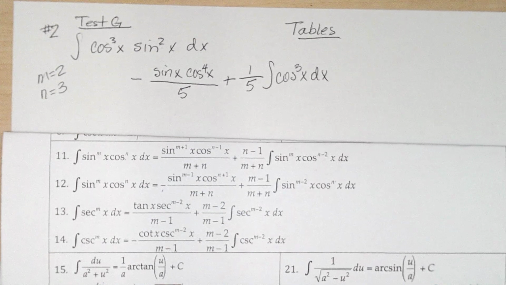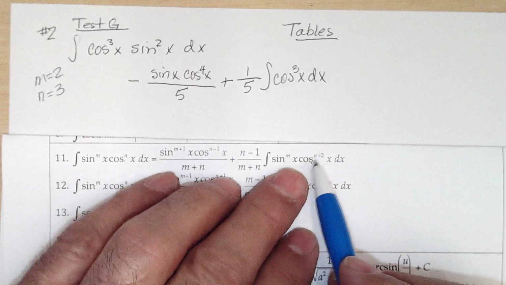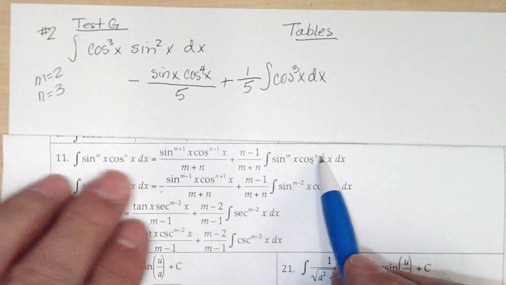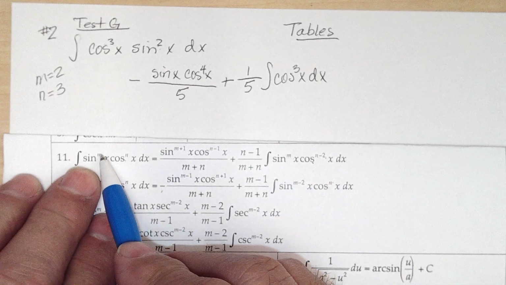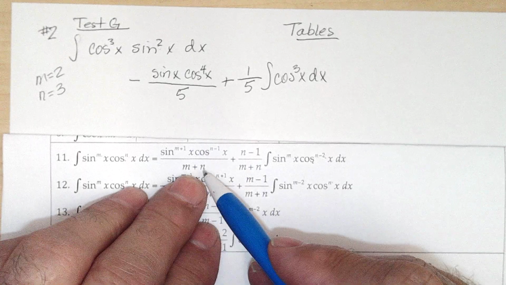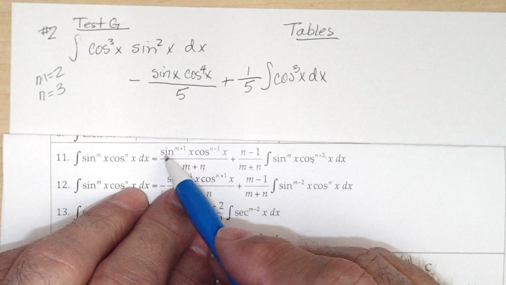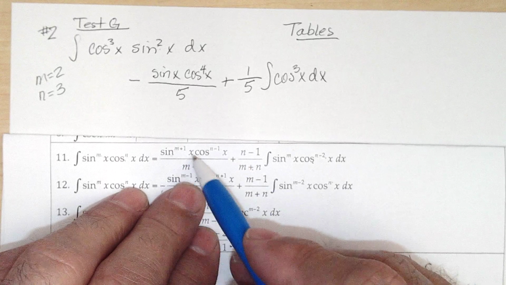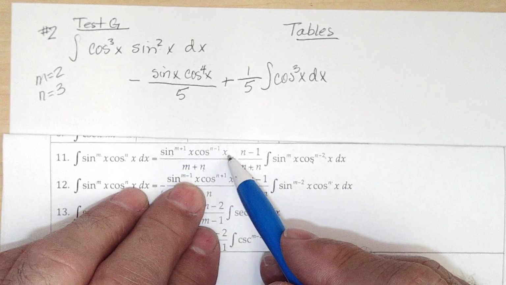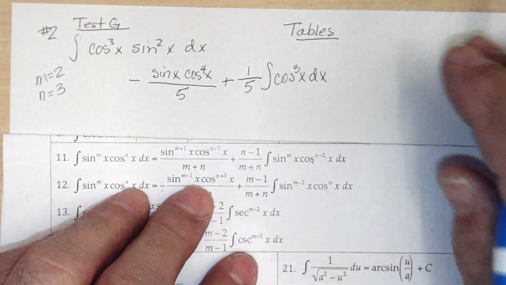Now, to do cosine to the third, we can use this formula, which reduces that down to 0, and m would be 0 because there's no sine in there. And so we're just going to get n's, and sine to the 0 plus 1 would be a sine. So we'd get a sine in, cosine down to 2, and we could do it that way.